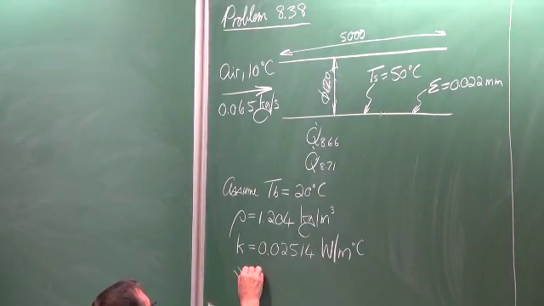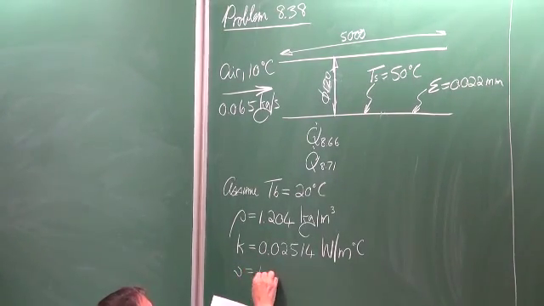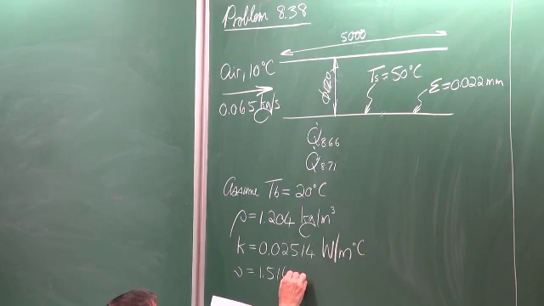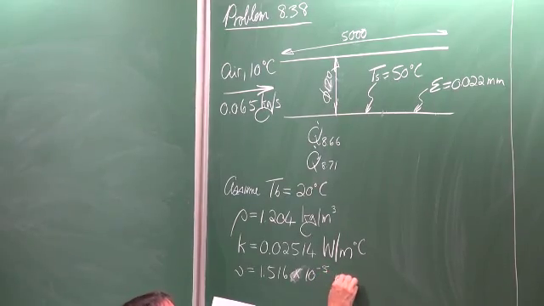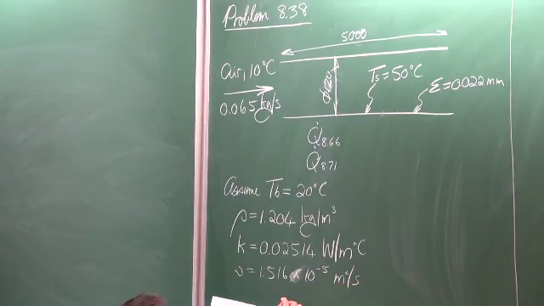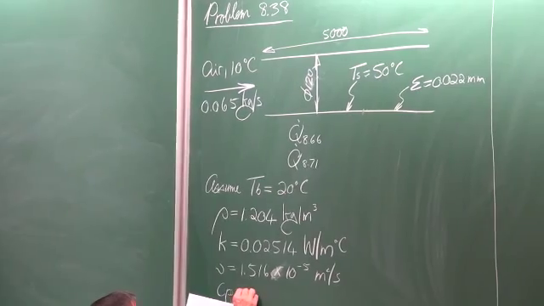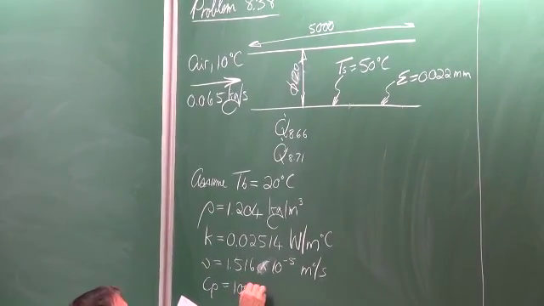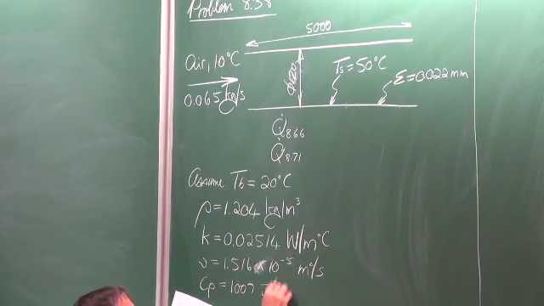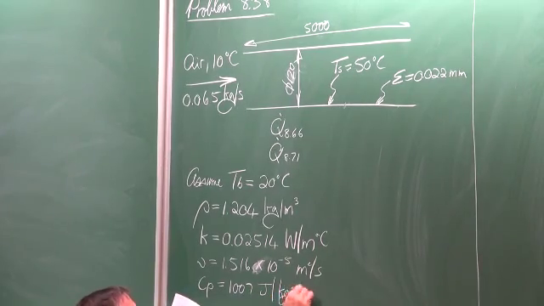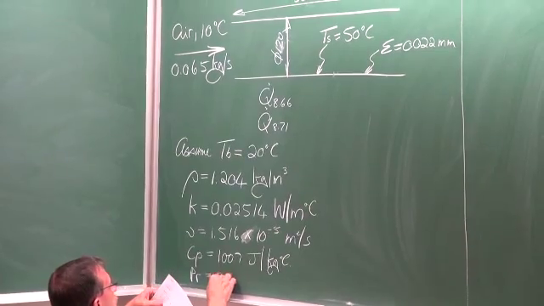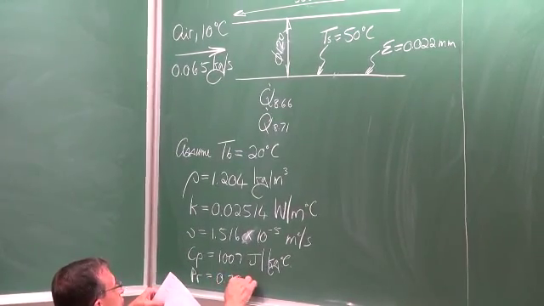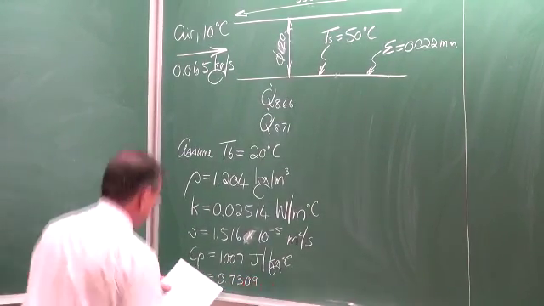The kinematic viscosity is equal to 1.516 times 10 to the minus 5 meters squared per second. And Cp is equal to 1007 joules per kilogram Celsius, and the Prandtl number is equal to 0.7309.